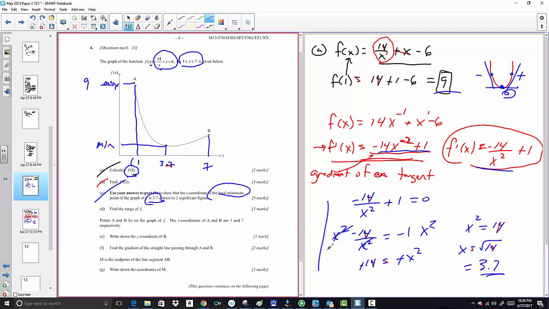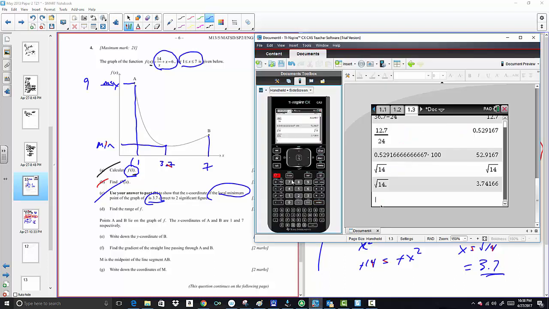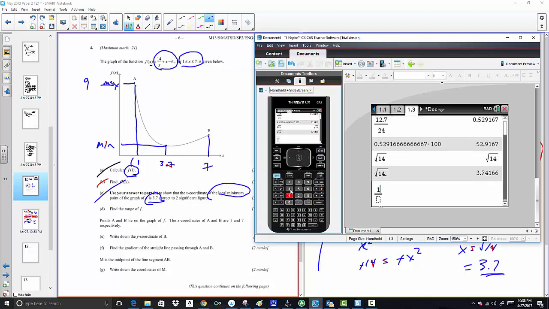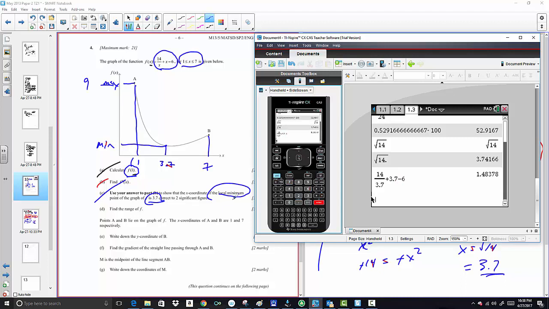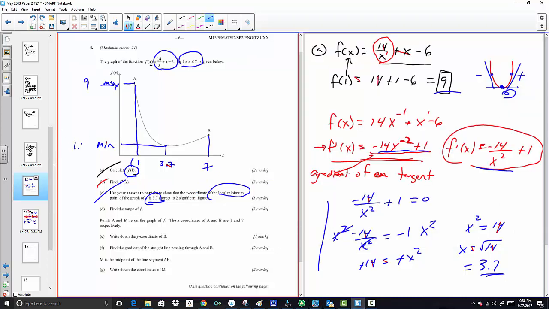So let's use the calculator: control divide, 14 divided by 3.7, plus 3.7, plugging in for the x, and then minus 6. This will give you 1.48. That's our minimum point, 1.48.